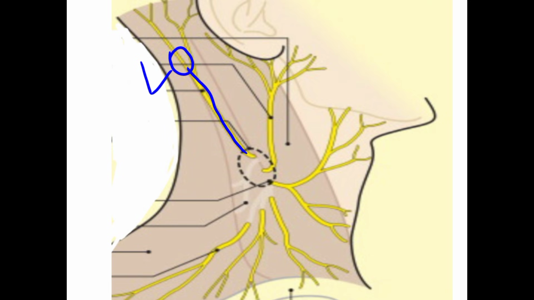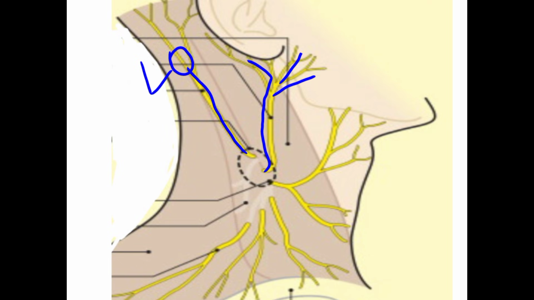And this is the great auricular nerve crossing the sternocleidomastoid, running towards the lobule of the auricle and dividing into branches to supply skin over the parotid as well as skin over the angle of mandible.